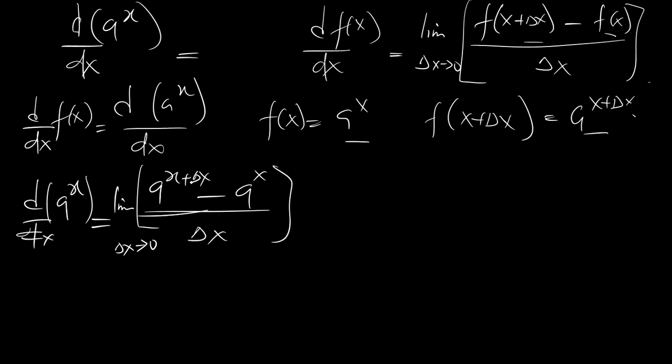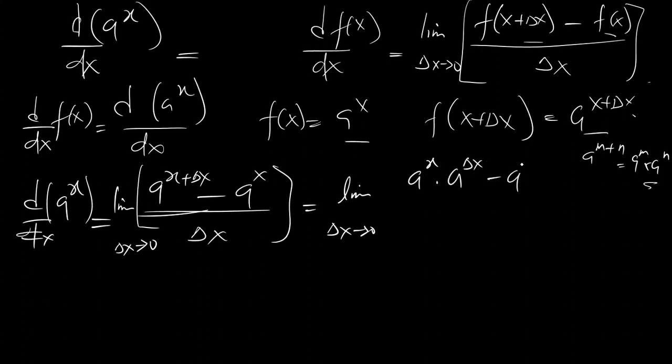Now, using the law of indices, when you have a raised to power m plus n, it is the same thing as a raised to power m times a raised to power n. So applying that rule here, you have the limit when delta x tends to 0 of a raised to power x times a raised to power delta x minus a raised to power x, all over delta x.